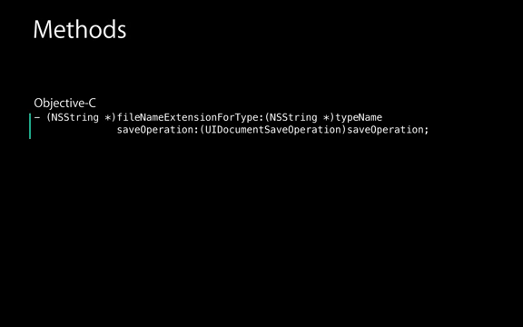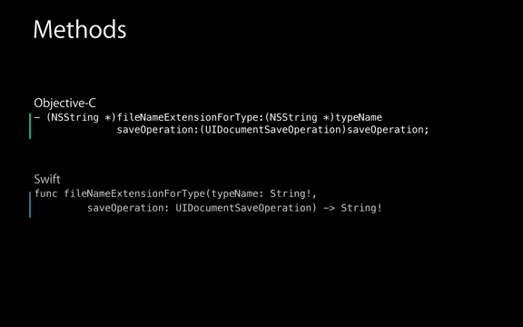Let's take a look at methods. Here's an Objective-C method, fileNameExtensionForType:saveOperation:. Comes into Swift here as, again, a method. Now, one important thing to note here is that all of the selector pieces from the Objective-C method are here in the method signature in Swift. The first selector piece has become the so-called base name of the method.